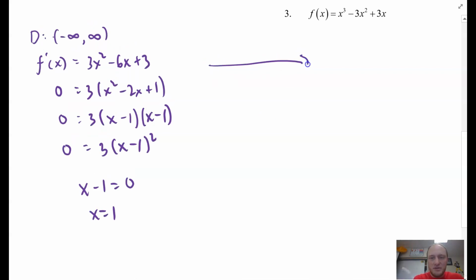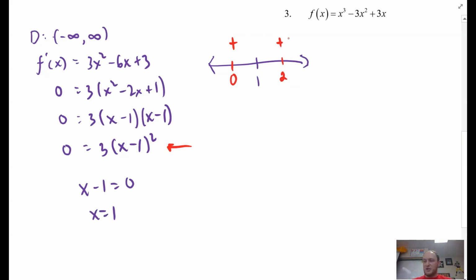Not always. Okay, so I'm going to make a number line. I have a critical number at 1, and I'm going to test a couple of values. I'm going to plug in 0. Now, if I plug in 0 here, I get negative 1 squared, which is positive, so that's positive. And then if I plug in 2, so 2 minus 1 is 1, 1 squared, that's positive.